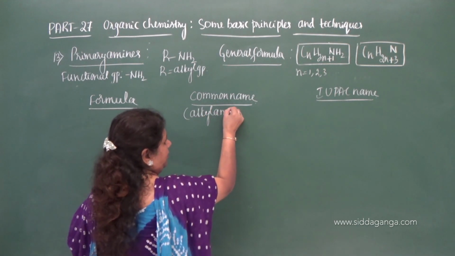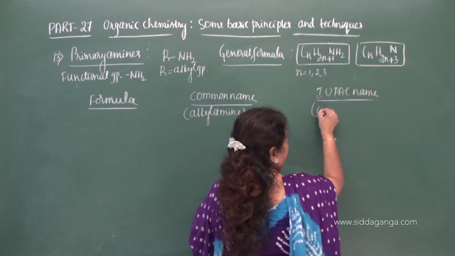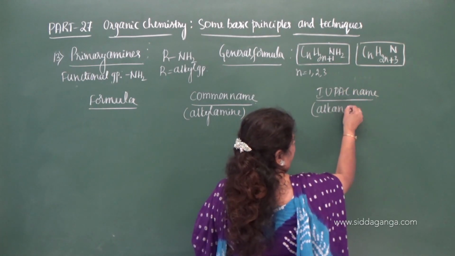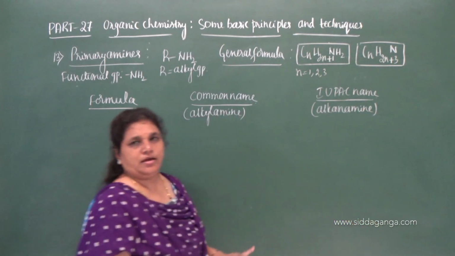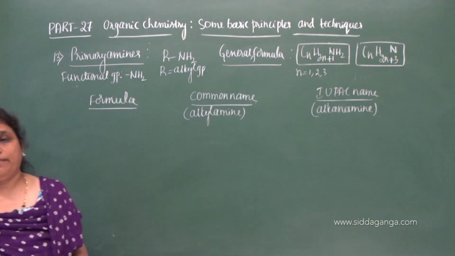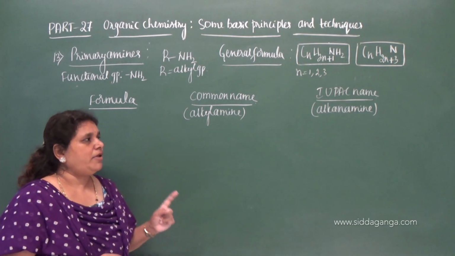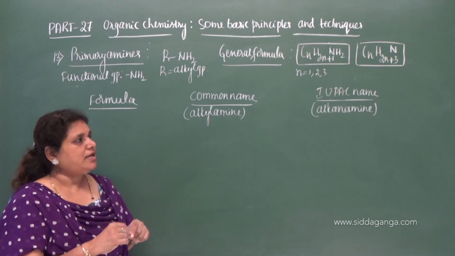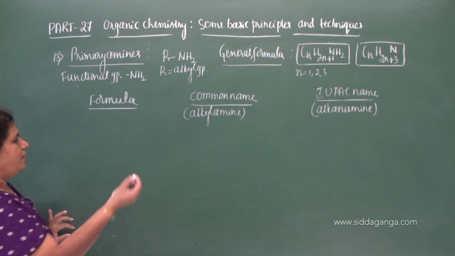Alkyl amine: the common name of the alkyl group followed by the word amine, and here alkanamine is the IUPAC name. So based on the total number of carbon atoms, we give the IUPAC name of the alkane in which the terminal E is replaced by the word amine. Then you will get the common and the IUPAC name.